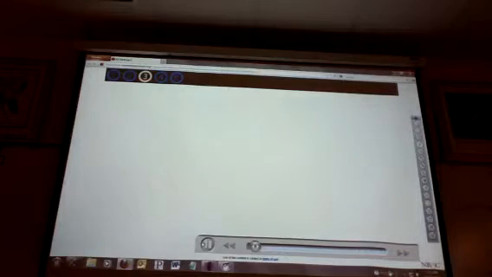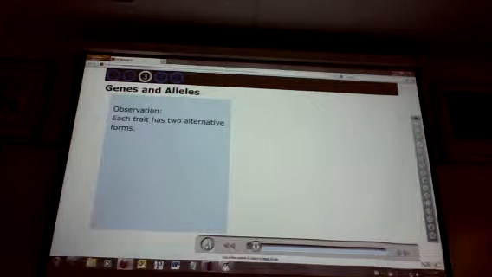Here they are. First, Mendel noticed that each trait, such as flower color, has 2 alternative forms. All right? Observation number 1. Flowers are either purple or white. Pea plants are either tall or short. Their pea pods are either green or yellow. There's no red pea pods. Peas are either wrinkled or dented.